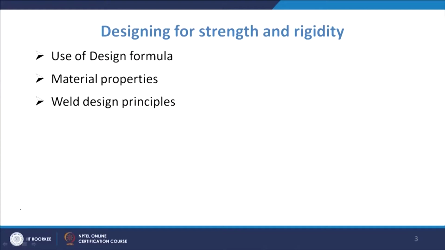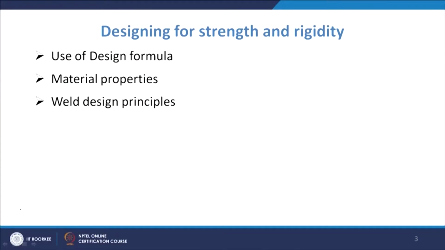So, we are going for the design of the strength and rigidity.